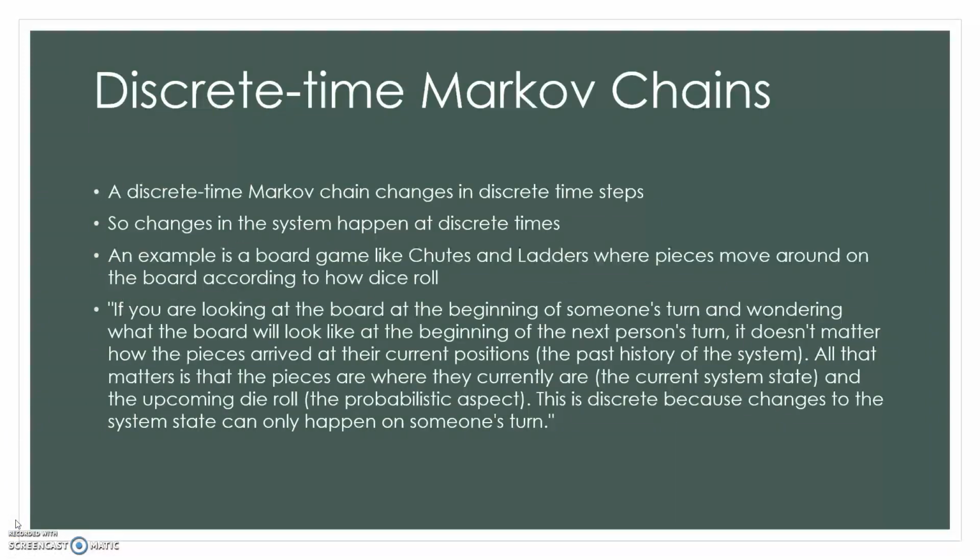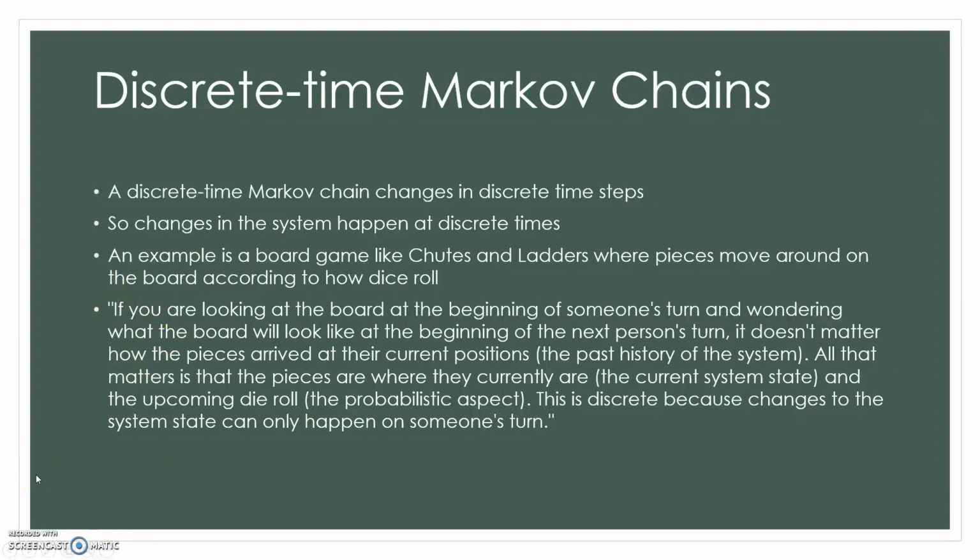Okay, so first we're going to talk about the discrete chains. A discrete time Markov chain changes in discrete time steps, so the changes in the system happen at discrete times. A good example of this is a board game like Chutes and Ladders, where the pieces move around on the board according to how the dice roll. We found a source that summed this up really nicely.